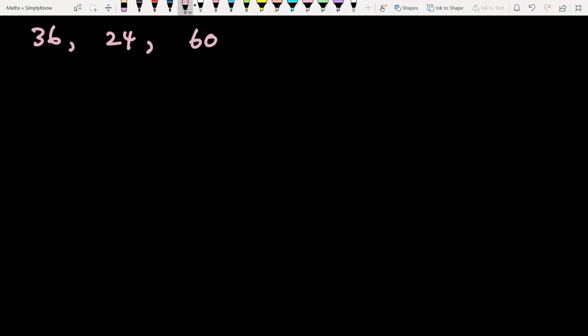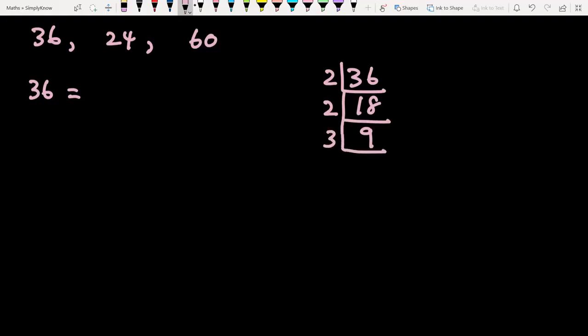So let's find out the prime factors of 36. 36 is divisible by 2 and we get 18. 18 is also divisible by 2, then we get 9. 9 is not divisible by 2 but divisible by 3. Then we get 3.